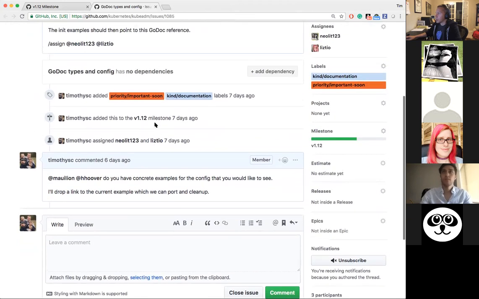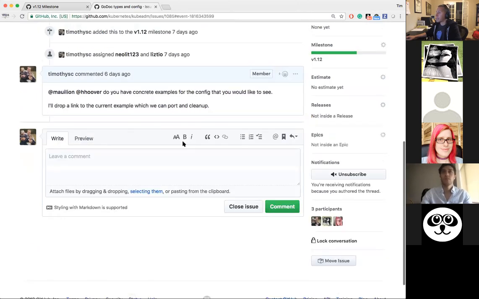I think we already generate GoDocs for config. Yes, but I'm saying the example that's inside the kubeadm setup instructions should not be in the guide. We should take examples and push them into the GoDoc examples.